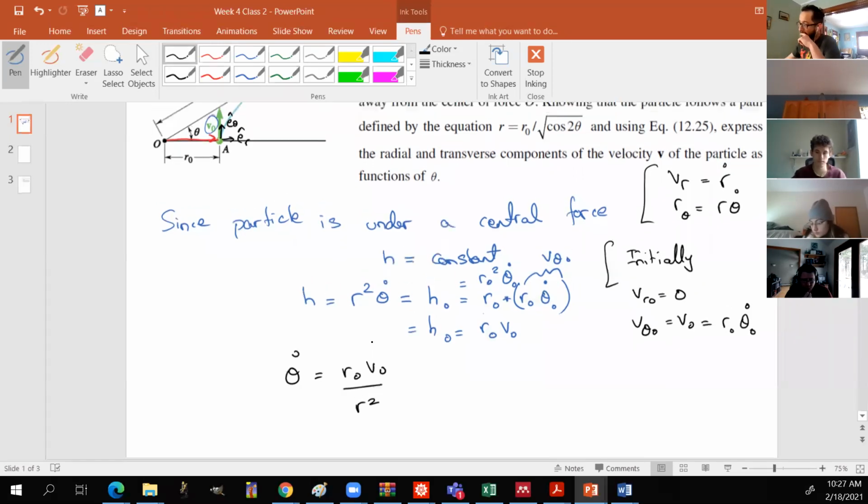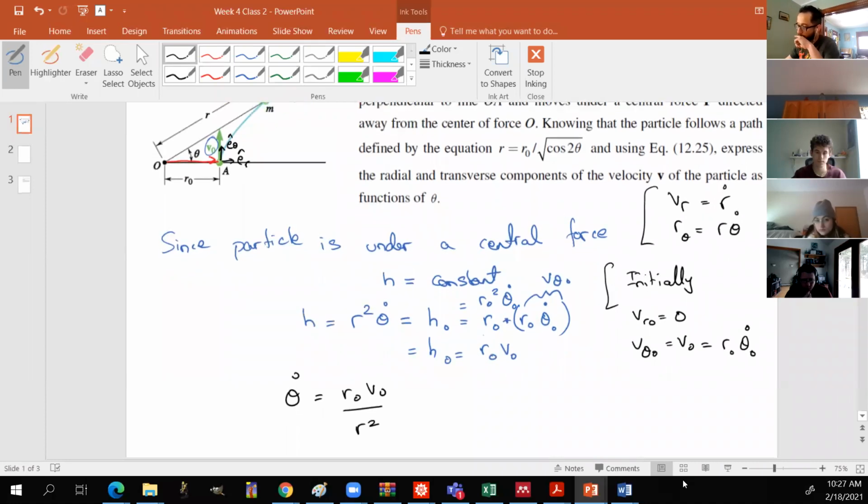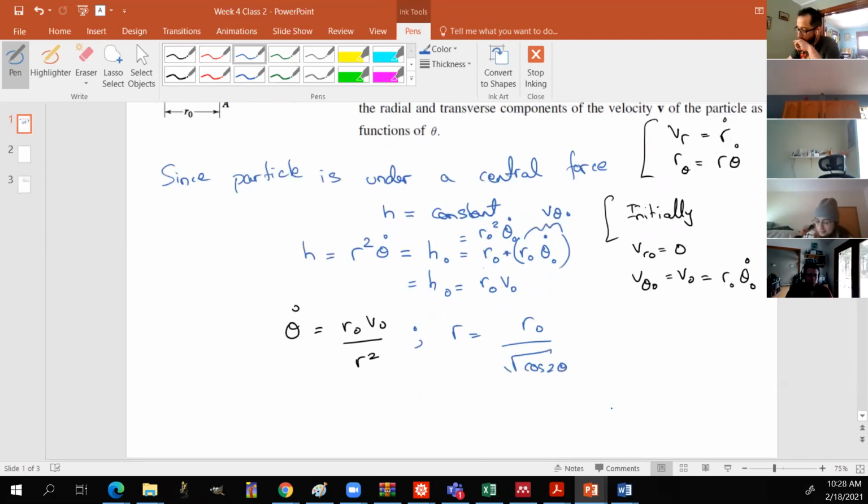All right. And we know from our expression, from the question, that r is equal to r naught divided by the square root of cosine 2 theta, right? So in this expression, just plugging in for r, that becomes equal to r naught times v naught. The square root of cosine 2 theta comes on the top, gets squared, becomes cosine 2 theta.